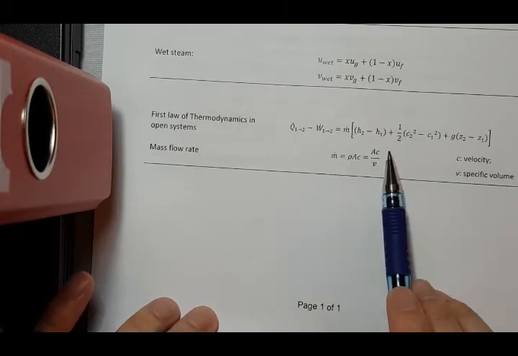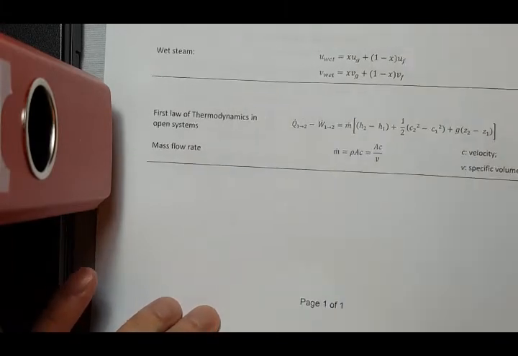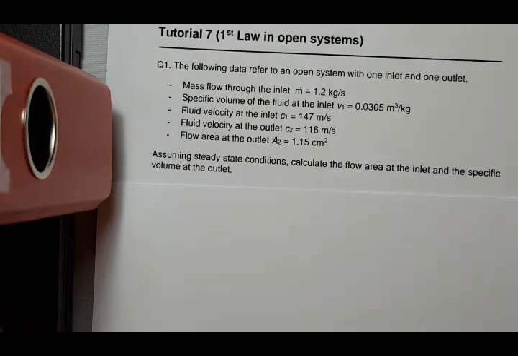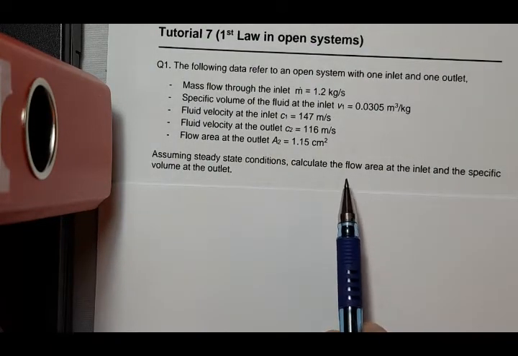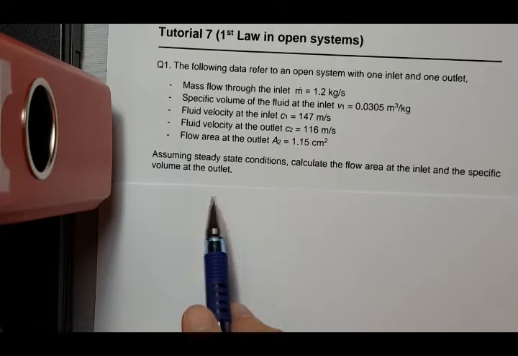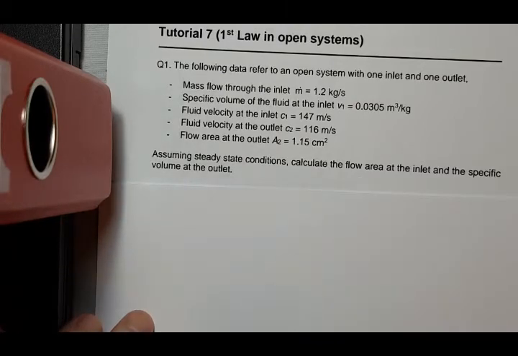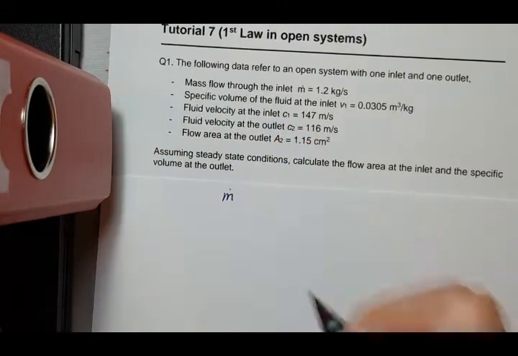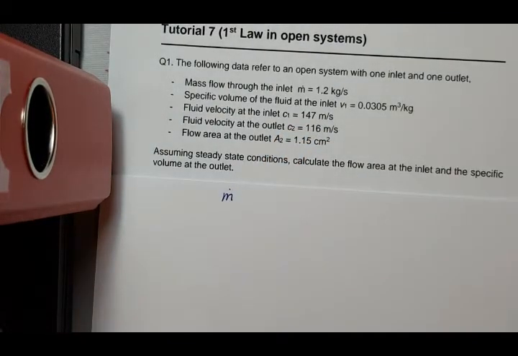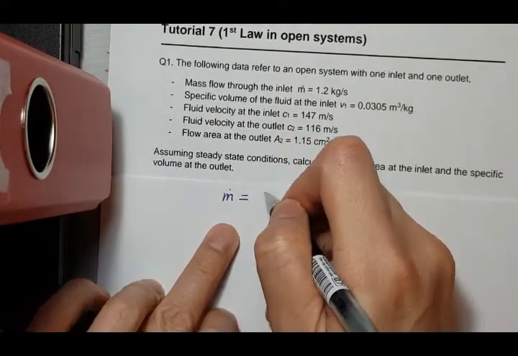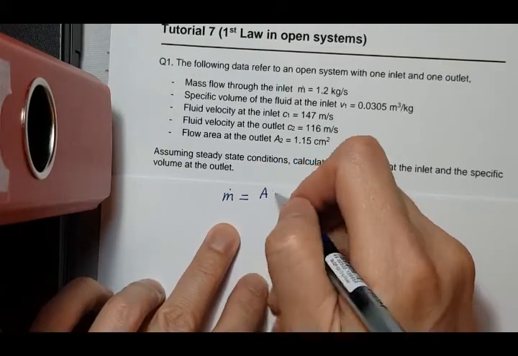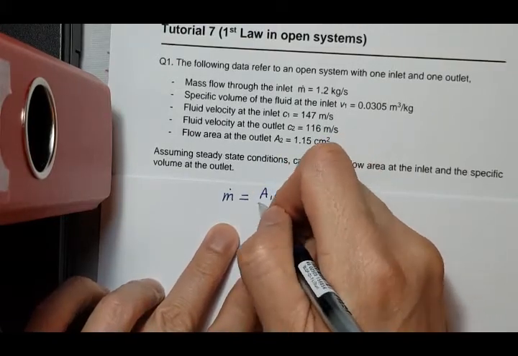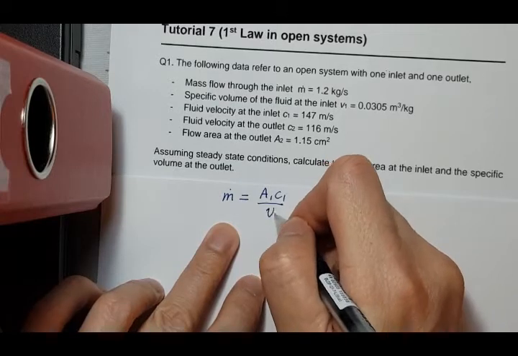We're going to use this equation to calculate the flow area at the inlet and the specific volume at the outlet. So first of all, we can write m dot equal to A1 c1 divided by v1.